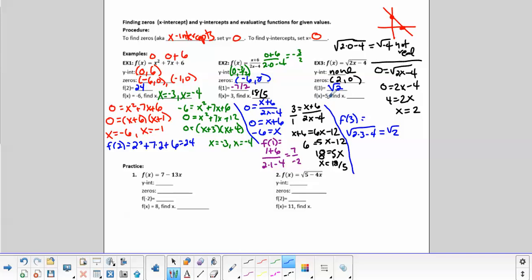And if f of x equals 5, find x. So put a 5 over here. 5 equals the square root of 2x minus 4. Square both sides, so 25 equals 2x minus 4. And 29 equals 2x. x equals 29 over 2.